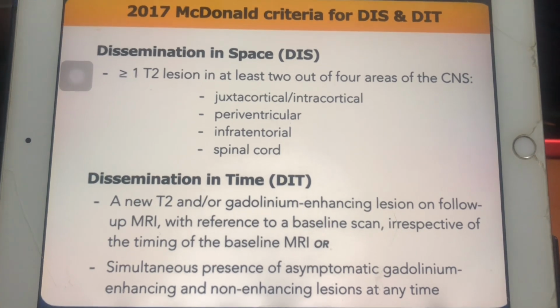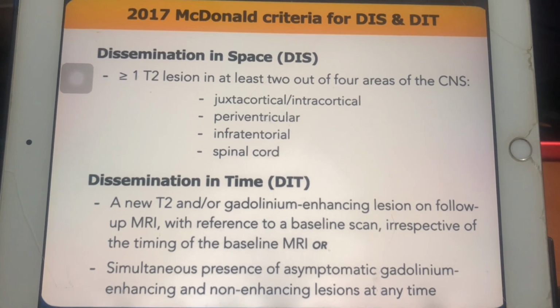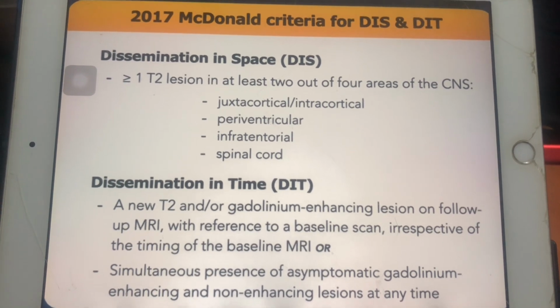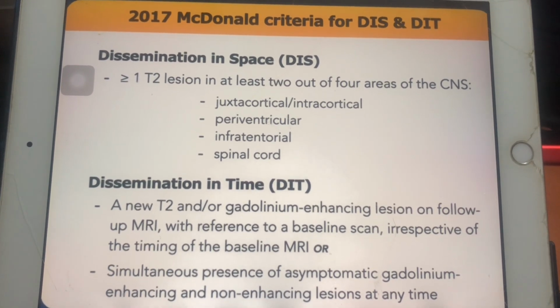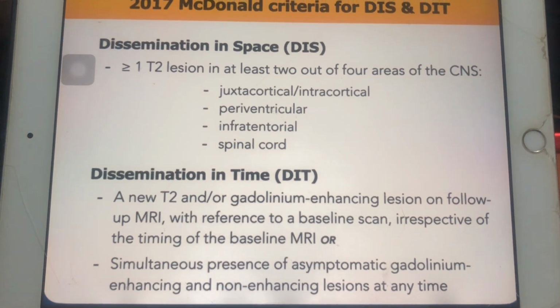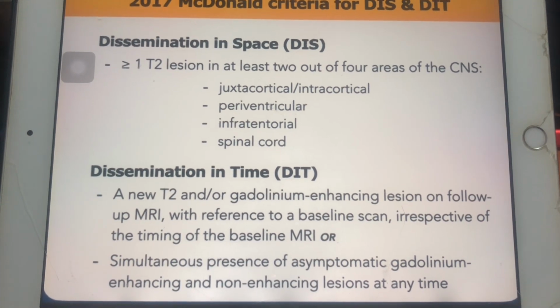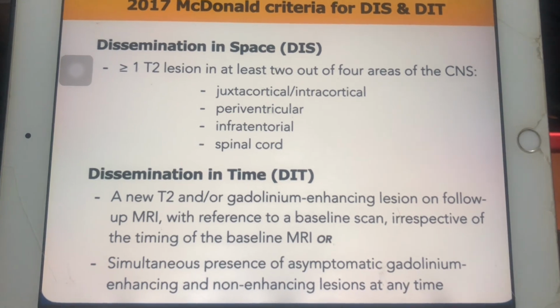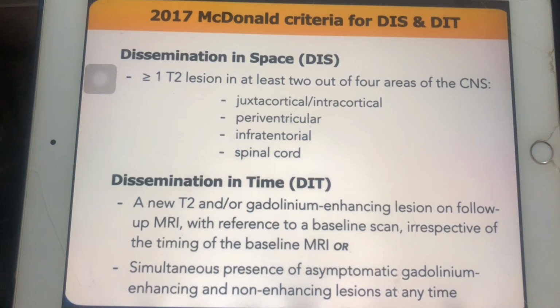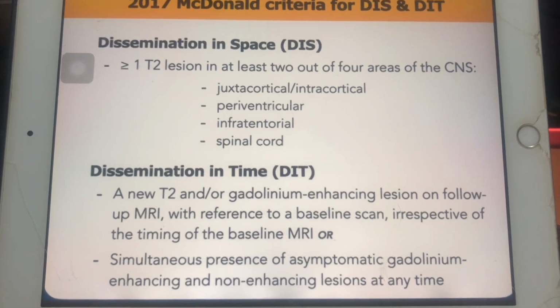If you can demonstrate a T2 lesion or an enhancing lesion which was not present in the patient's baseline MR, then that is suggestive of dissemination in time. Or if in the same MR you can see both enhancing and non-enhancing lesions, then that means those 2 lesions have been there for 2 different periods of time.